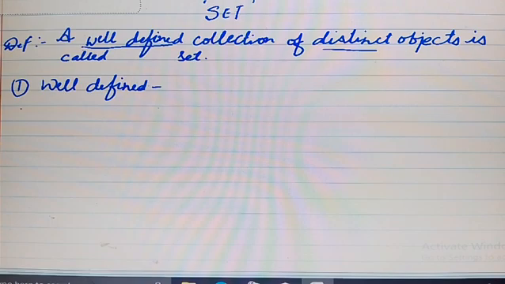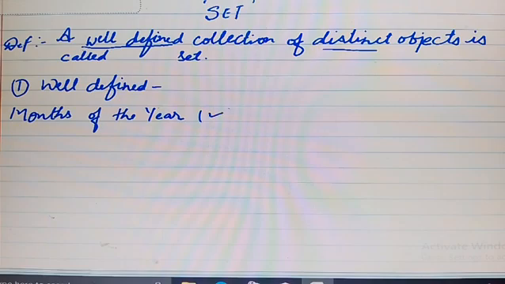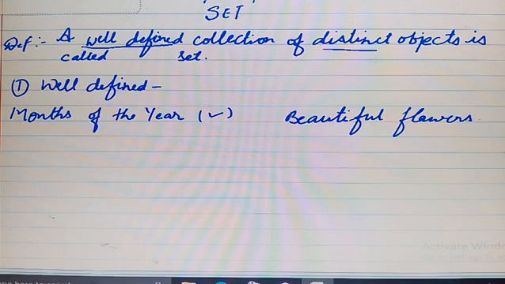If I'm writing here months of the year, you can see it is well defined. While if I'm writing beautiful flowers, here we can say that this example is not well defined.